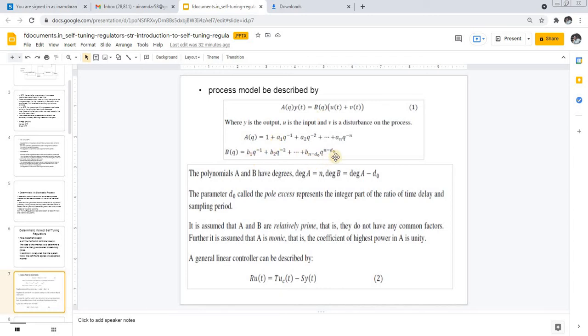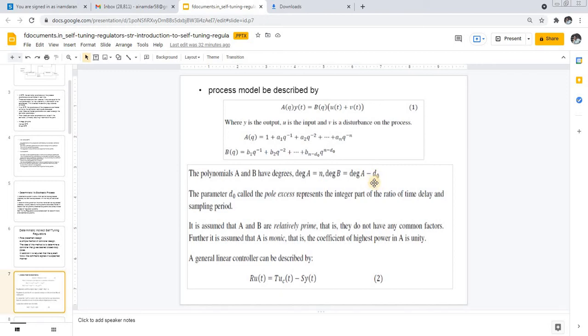Now these polynomials A and B have degrees. The degree of A equals n, and the degree of B equals the degree of A minus d0.